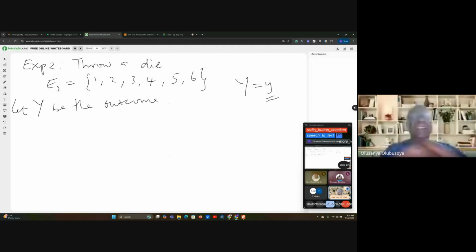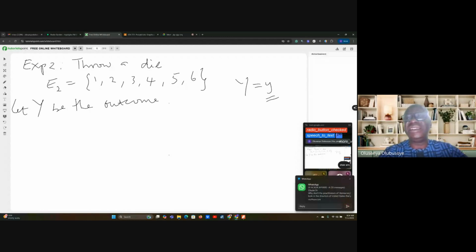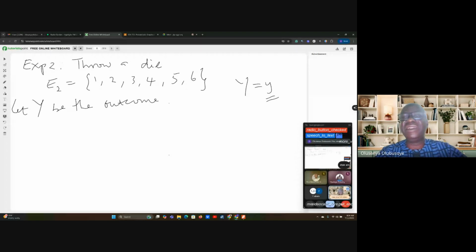Capital Y could be 1, so the realization will be 1. It could be 2, so the realization is 2. It could be 3, the realization is 3. So the realization is in lowercase, but the random variable itself is in a capital letter. Remember that notation very well.